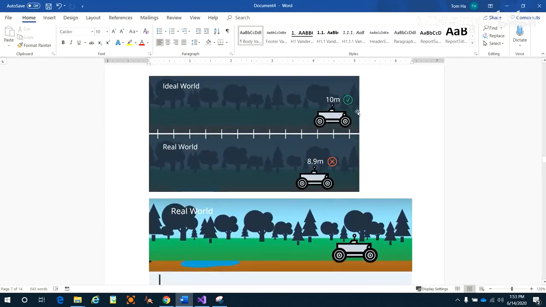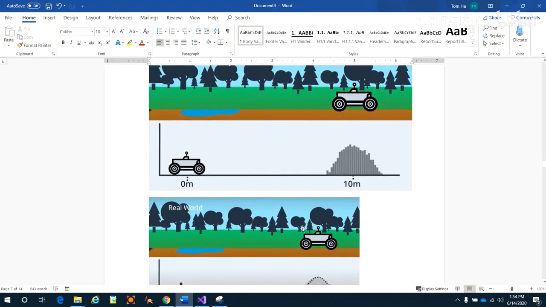In the ideal world it arrives at exactly 10 meters, but in the real world it does not. It arrives at 9 or 8.9 meters because the environment makes it move to a different location, or maybe the wind pushes the robot forward 11 or 12 meters, right?